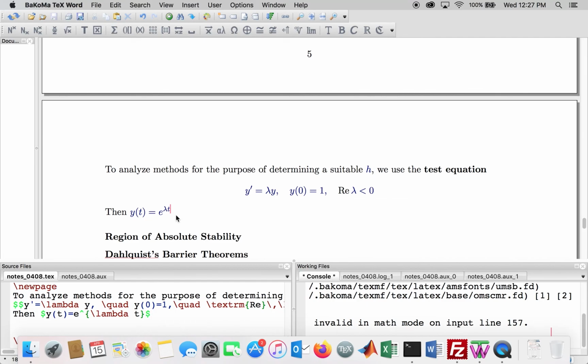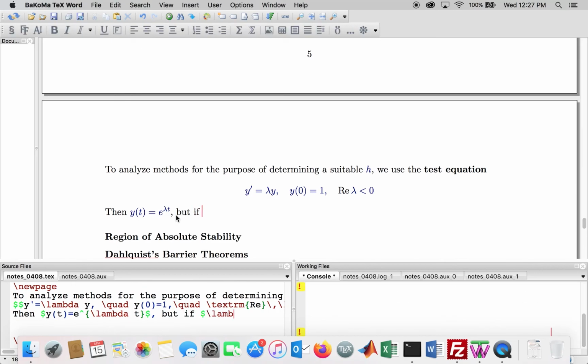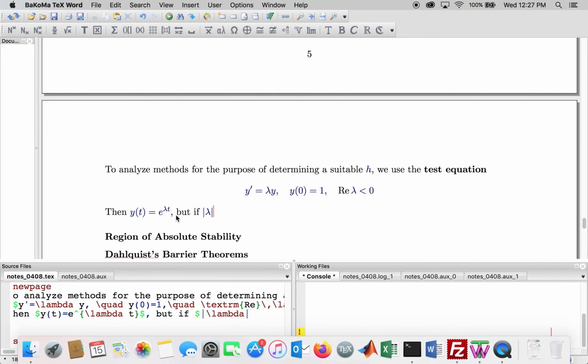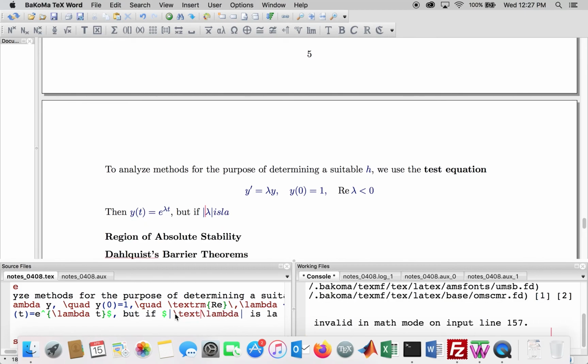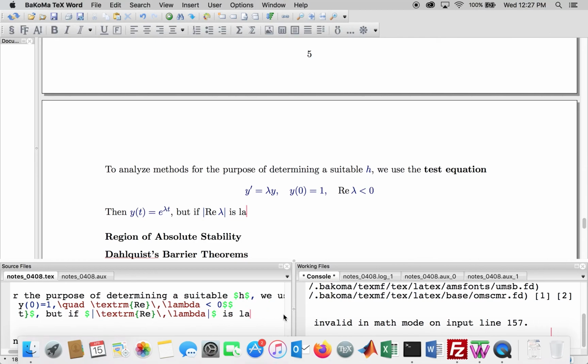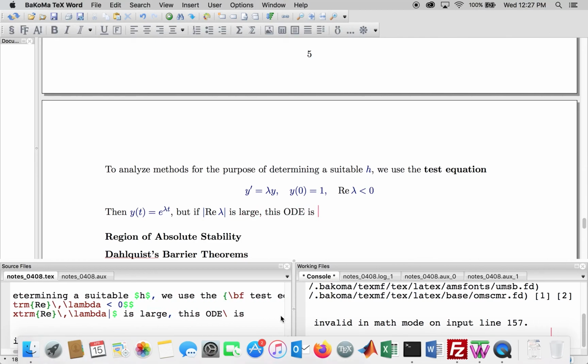But the problem is this: if the magnitude of lambda, or I should say its real part, not so much the imaginary part, is large, then this ODE is stiff.